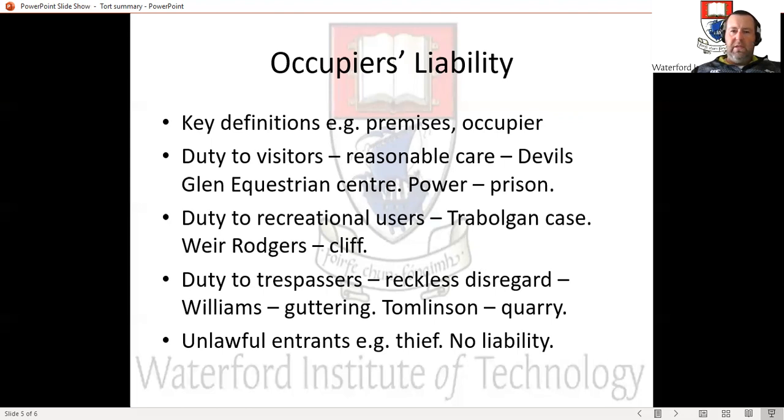In Weir Rogers' case, the lady was sitting on the edge of a cliff. She stood up to leave and she fell over the side down onto the rocks below and suffered some very serious injuries, as you can imagine.